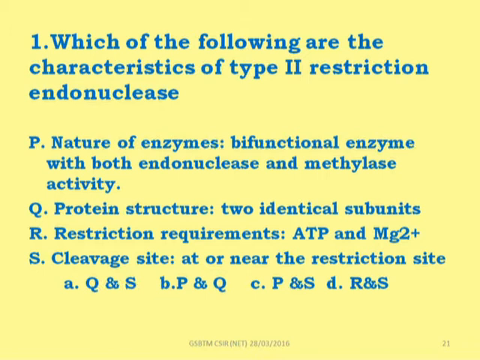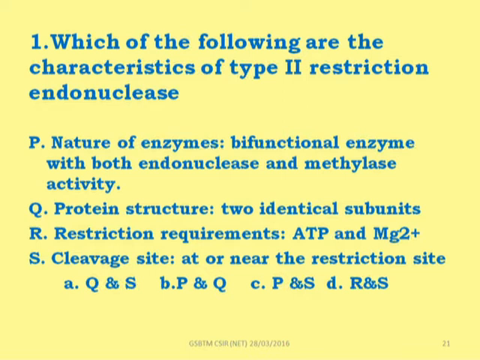Q. Protein structure, 2 identical subunits. Q looks right. Protein structure, 2 identical subunits responsible for restriction and modification. Then another one, restriction requirement ATP and Mg2+, is not correct. So far as type 2 restriction enzyme is concerned, it only requires Mg2+ as a cofactor. And the last one is cleavage site at or near the restriction site.